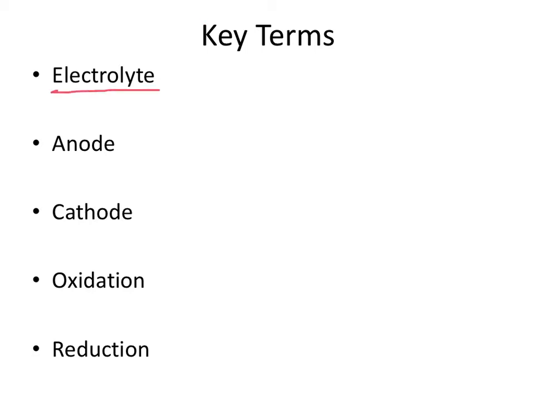The electrolyte is the substance which is being electrolysed. Now the electrolyte is usually, or has to be, either a molten or aqueous ionic compound. And the reason for that is that if the ionic compound is solid, the ions can't move.